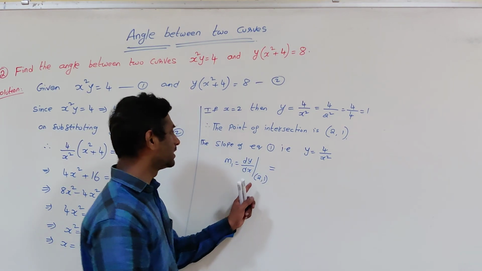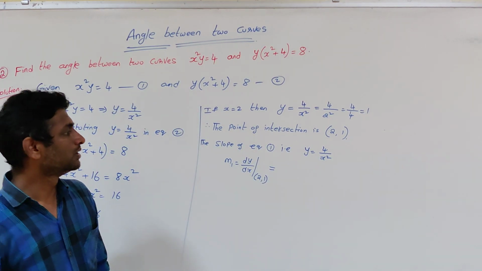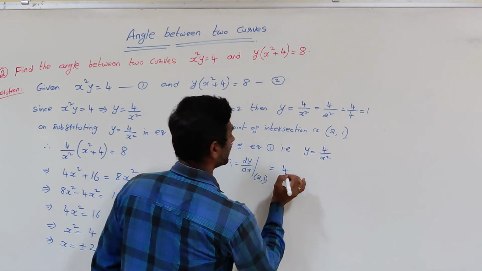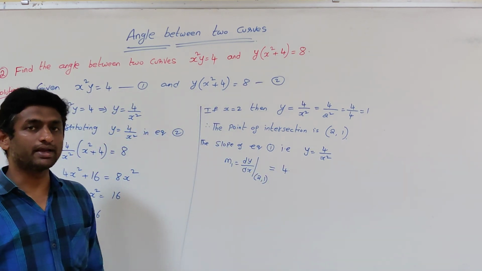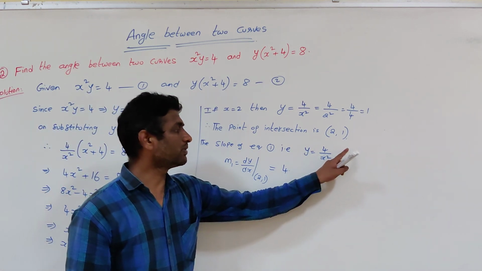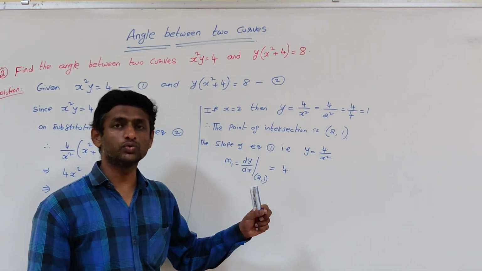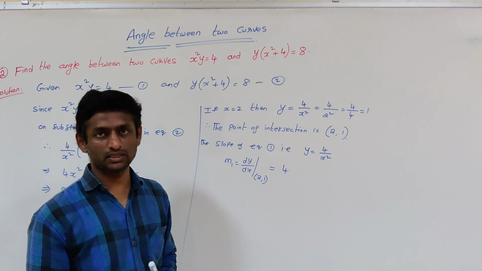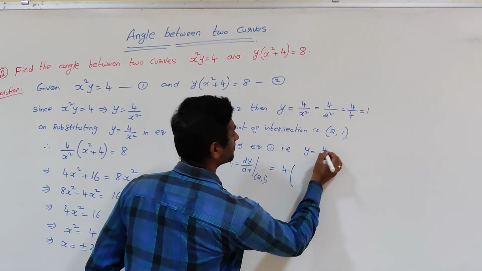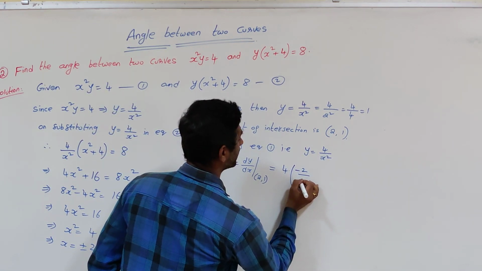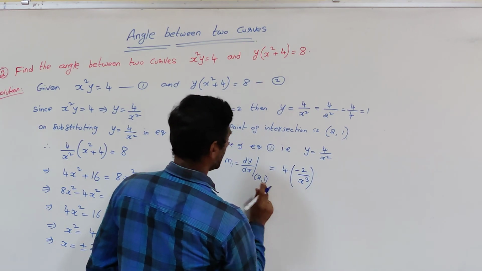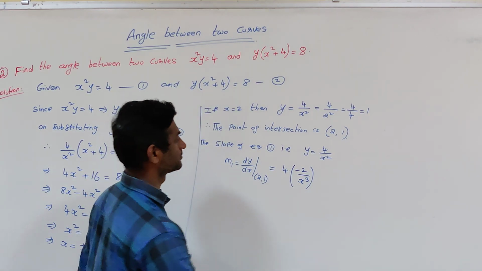So what is the derivative of this function? It is 4 times the derivative of x to the power of minus 2, which means minus 2 into x to the power of minus 3. So the derivative of 1 by x square will be minus 2 by x cube, at the point 2 comma 1.